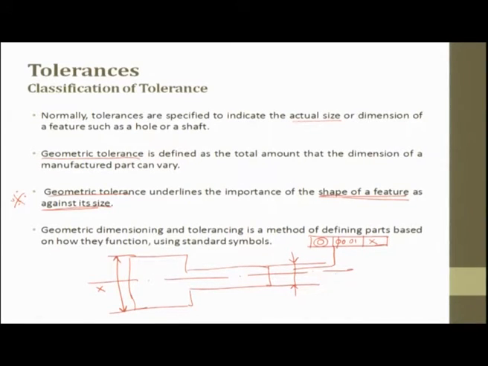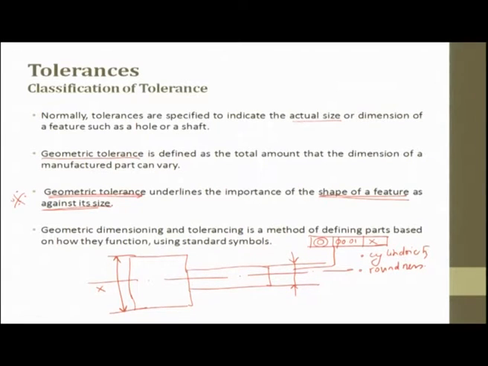Geometric tolerance is generally given, it talks about cylindricity, it talks about roundness of this shaft with respect to the diameter or something like that. So, here geometric tolerance is more talked about in terms of shape of a feature as against the size.